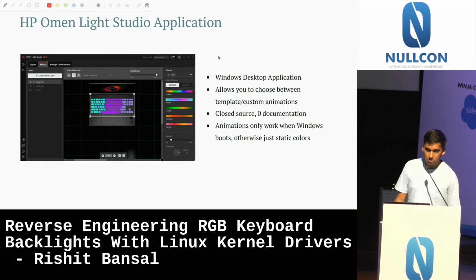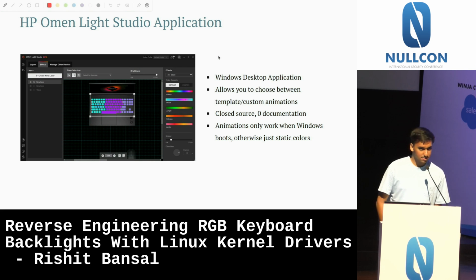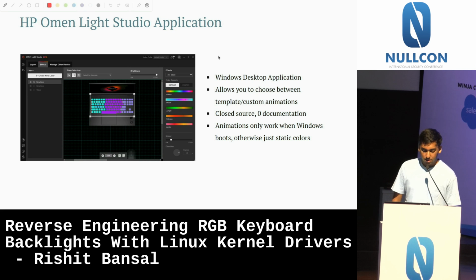So talking about the software, it's called HP WMI Light Studio. It's a Windows app. It's just for Windows. So it allows you to choose between these presets on the app to simulate what's showing on the backlight. And this is fully closed source. So there is 0 documentation about it. And one last point I would mention about this, which we'll see on the next slide as well.